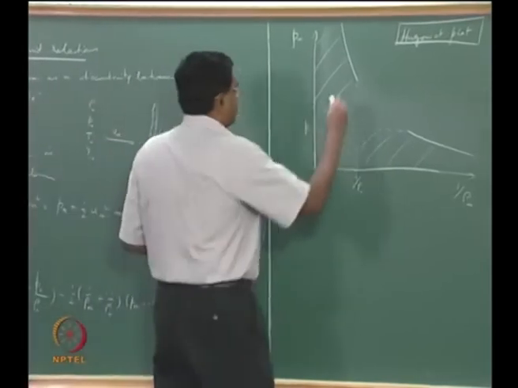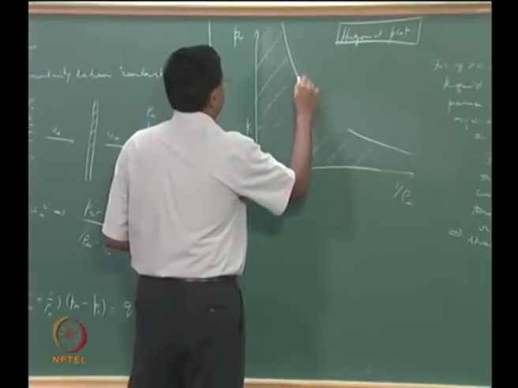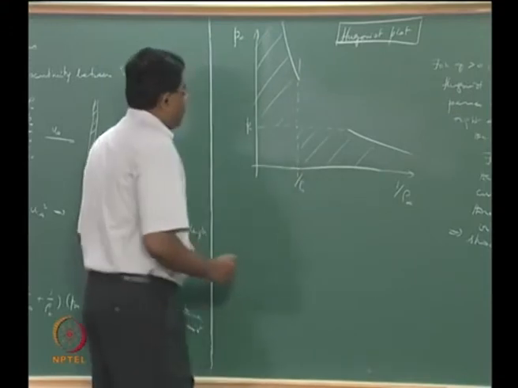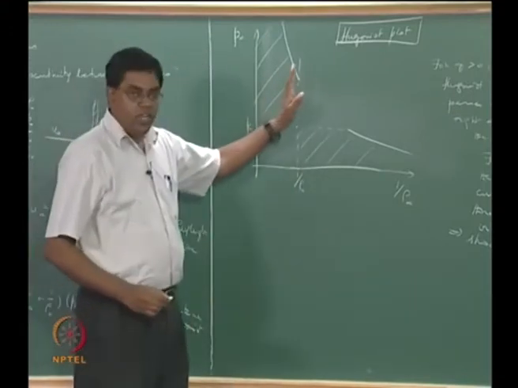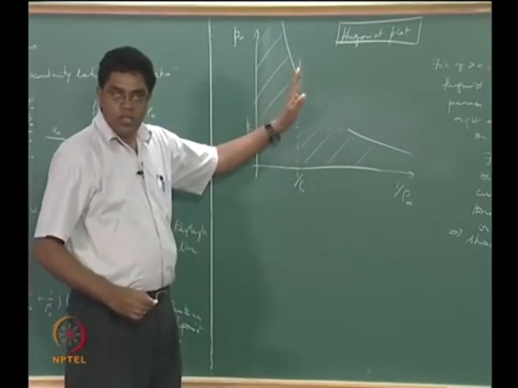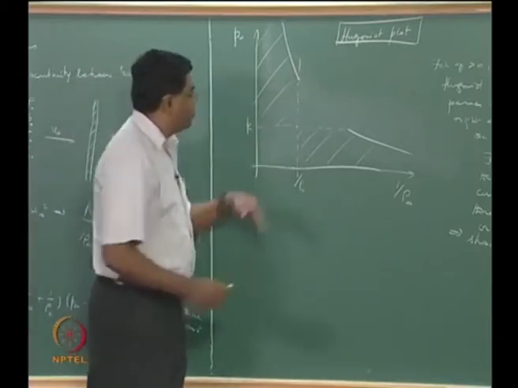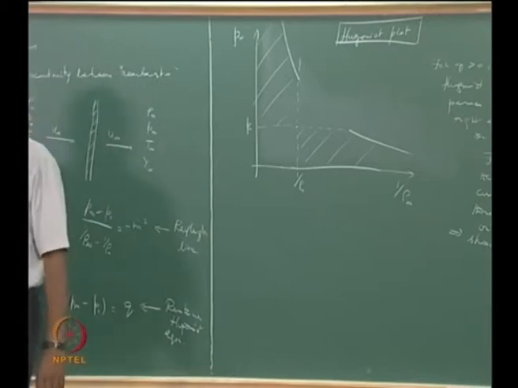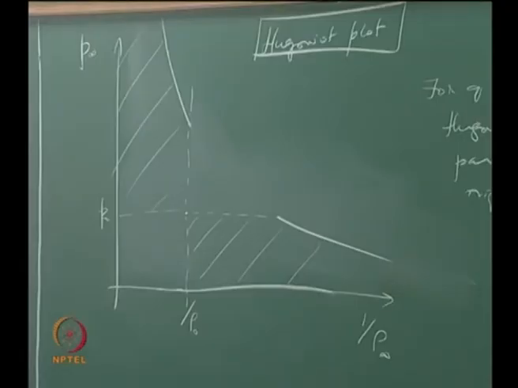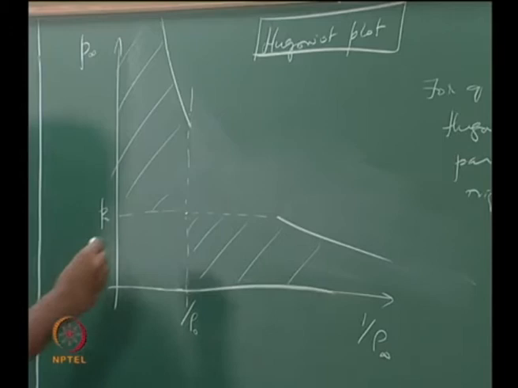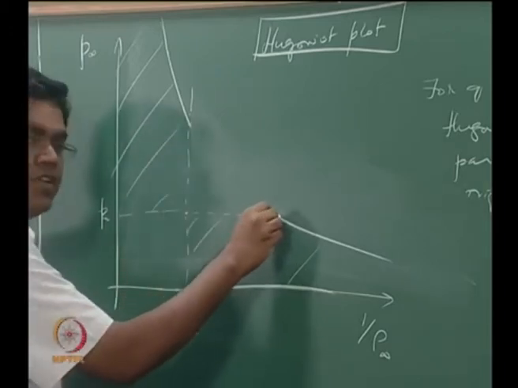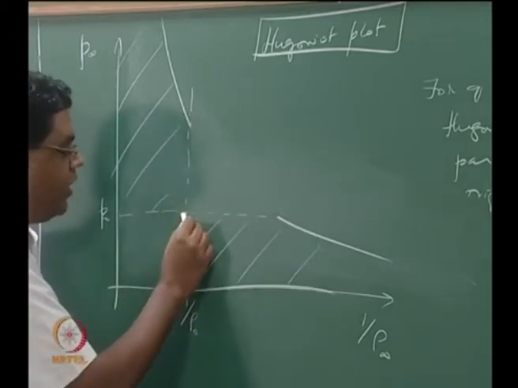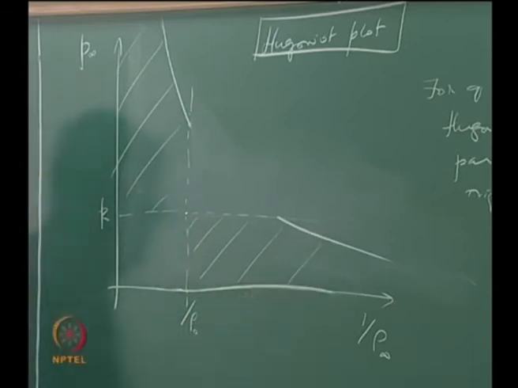We will worry about a part of the Hugoniot that starts from where 1 over rho infinity is equal to 1 over rho naught, okay, another part of the Hugoniot where P infinity is equal to P naught. What does that mean? If you were to now have a solution that is somewhere here, that means your Rayleigh line is sort of passing like this.